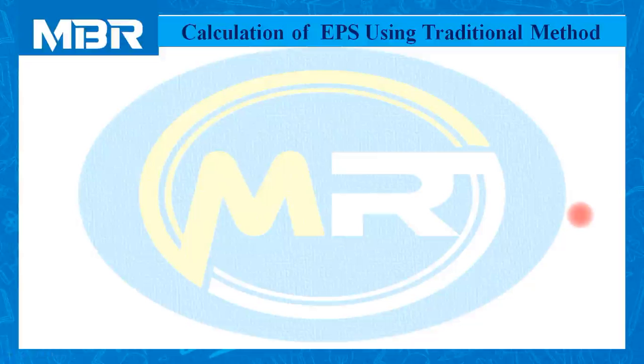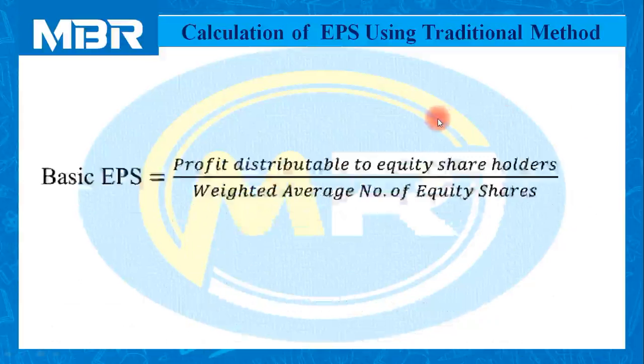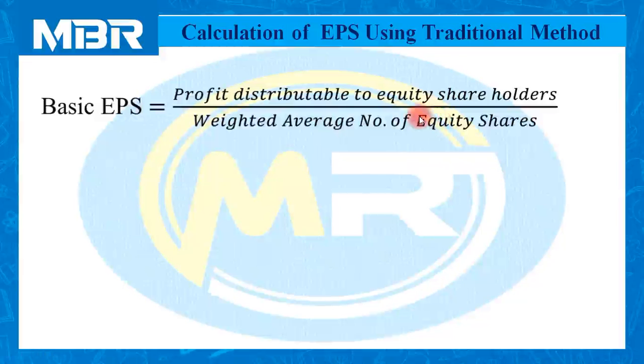In fact, it is not required as part of our solution, but for the purpose of your knowledge, you can calculate earning per share using the traditional method. Basic EPS: profit distributable to equity shareholders divided by weighted average number of equity shares.